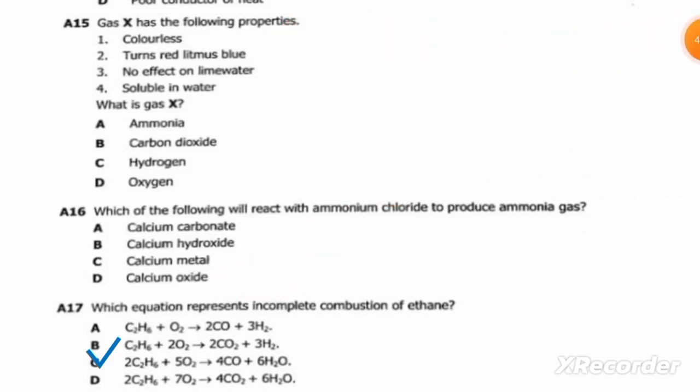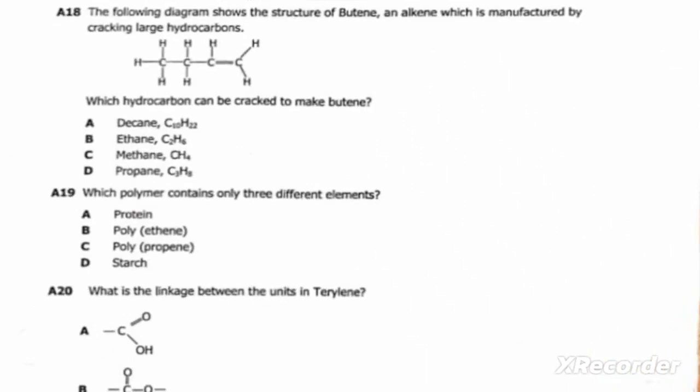We shift to the next question, which is question A18. Question A18, the question reads, the following diagram shows the structure of butene, an alkene which is manufactured by cracking large hydrocarbons. Which hydrocarbon can be cracked to make butene?